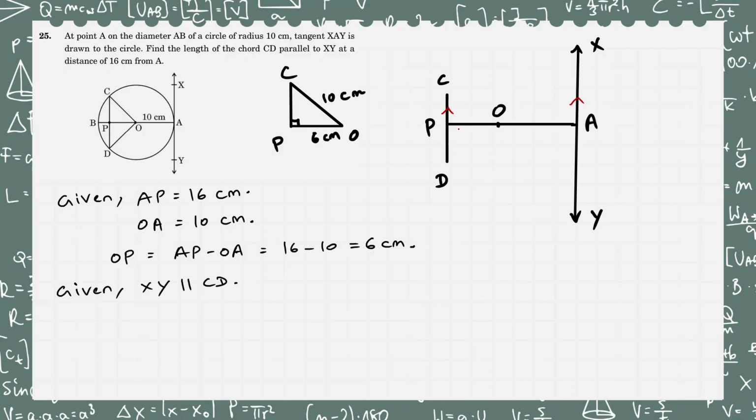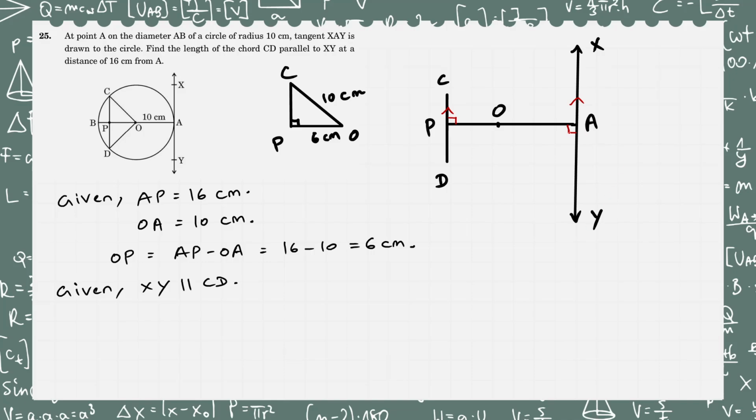So there should be 90 degrees here, right? How do we know that? Because we know that radius and tangent always make 90 degree between them. OA is the radius, XY is the tangent. So OA and XAY will make 90 degree with each other.